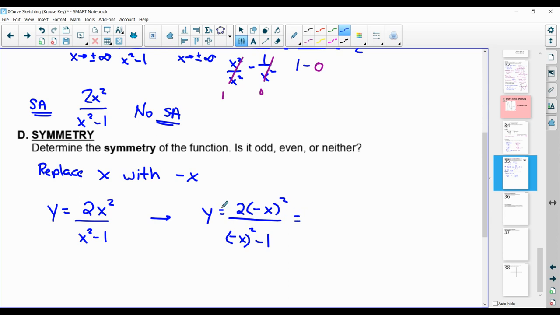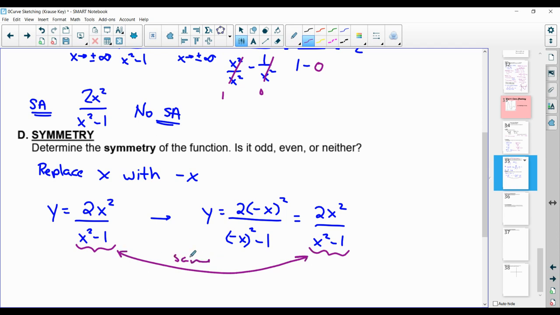And when we simplify this, negative x squared is just a positive x squared, so 2x squared all over x squared minus 1. If you notice, these functions are identical. So this function here and this function here are the same.